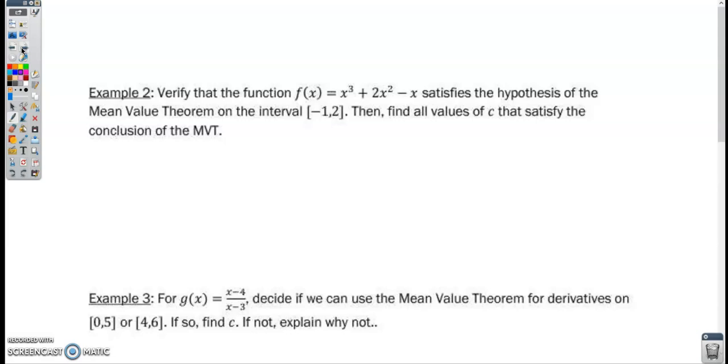So, first of all, f of x is a polynomial, so it is both continuous and differentiable for all real numbers.